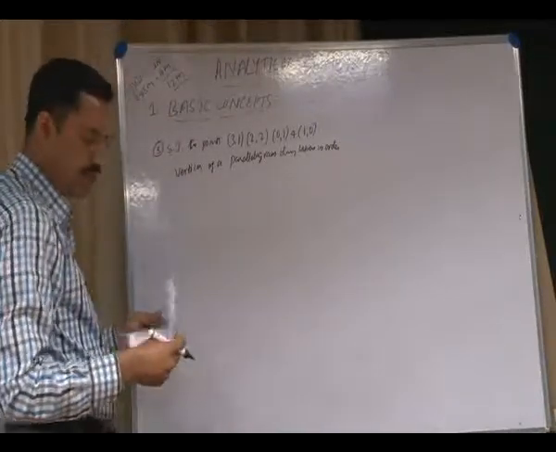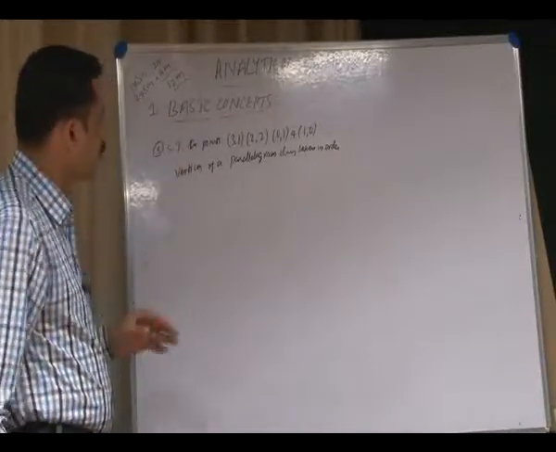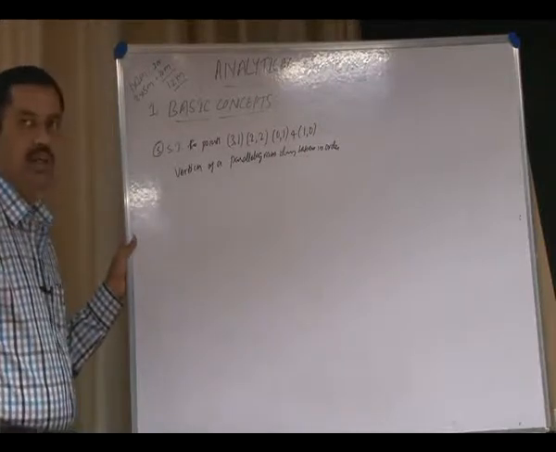So, here what you have to prove is that these 4 coordinate points form a parallelogram when taken in order.